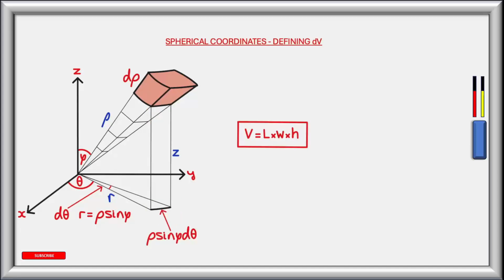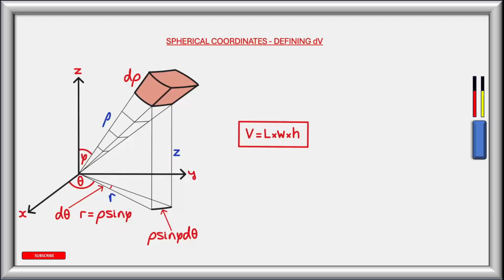The width dimension is therefore the arc length of a circle, which we know is the radius of the circle, in this case ρ sin φ, multiplied by the central angle, which is infinitesimally small, and in this case is dθ.